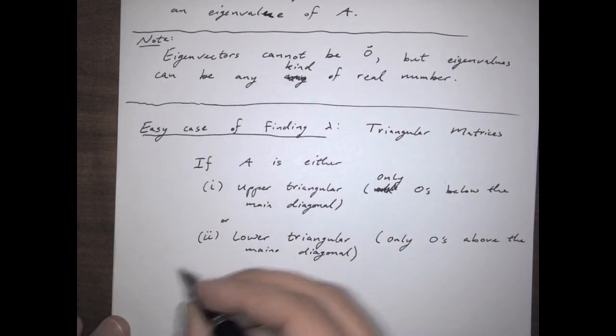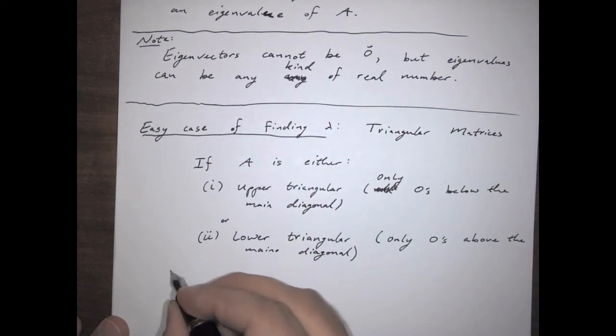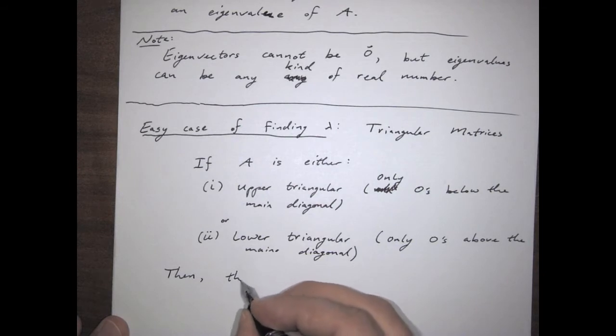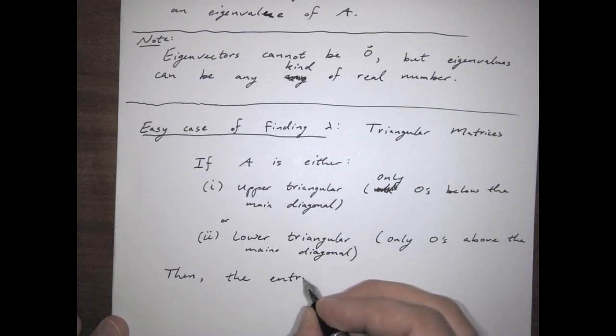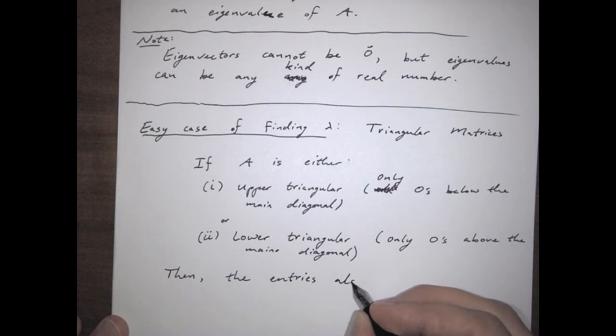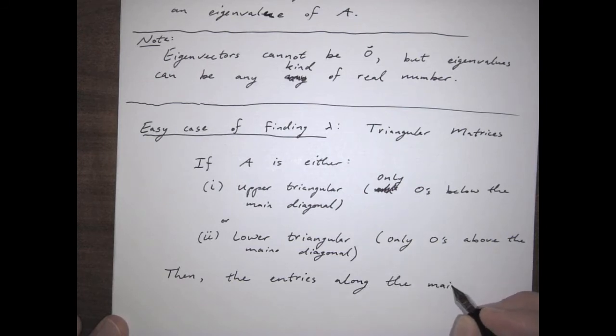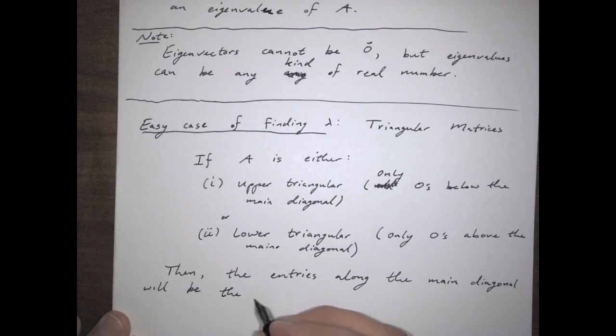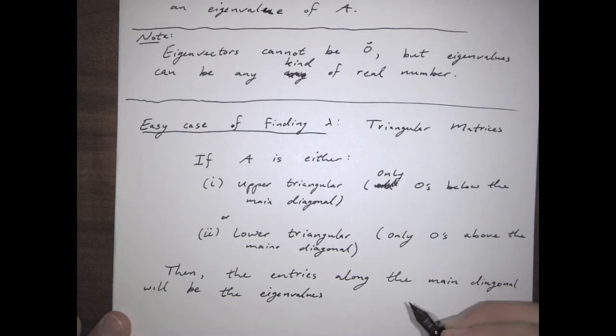Then, if A is either of these two things, the entries along the main diagonal will be the eigenvalues of A.